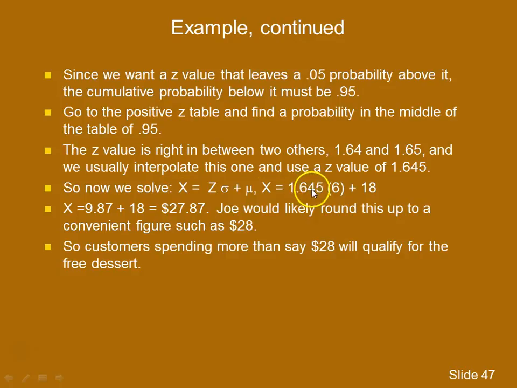X is equal to 1.645 times 6 plus 18, which gives us $27.87. In other words, people who spend $27.80 or more are in the top 5%. Joe would probably round this to some convenient number, say $28, and anybody spending more than $28 would then qualify for the free dessert.